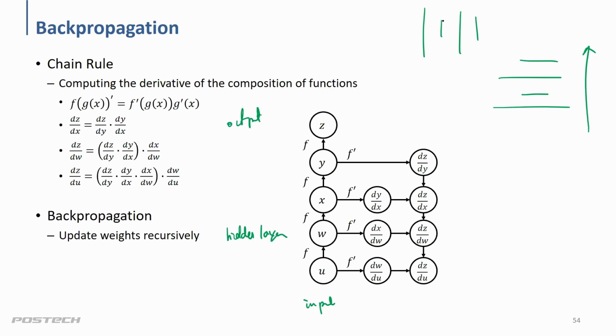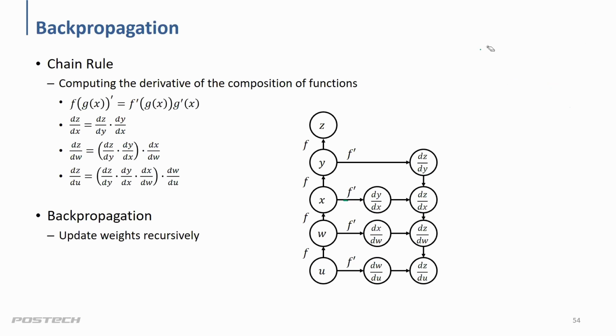And all the functions might be different, but I'm assuming all the functions are the same, just for simplicity. It doesn't have to be different to explain what back propagation is.